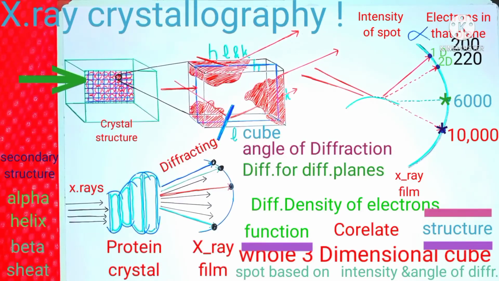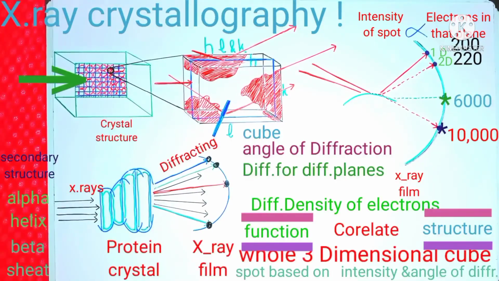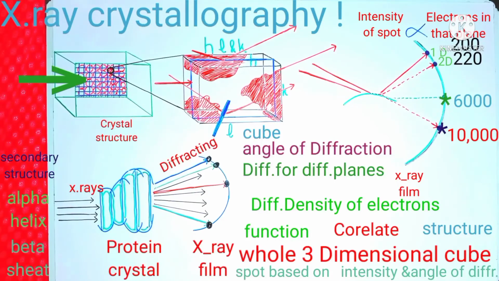If we get the structure of a protein, it helps us determine the function of this specific protein, because there is a correlation between the configuration and function of the protein. So in a sense we have seen how we derive the structure of a protein or any other molecule with the help of X-ray crystallography, which is based on the X-ray diffraction pattern.